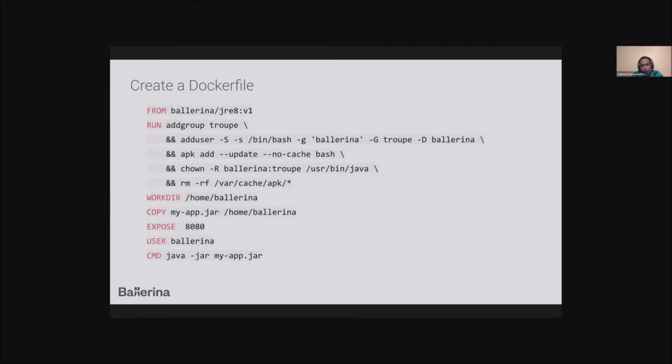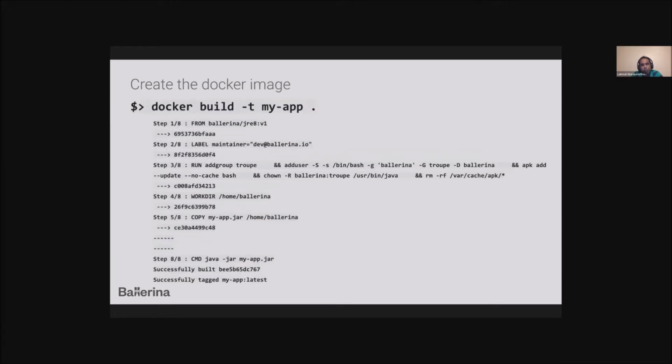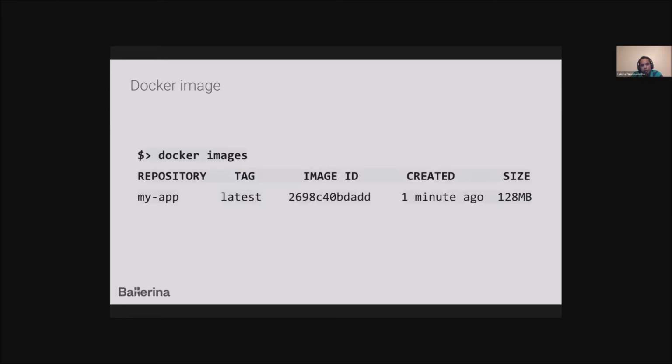In the Dockerfile, you can bundle your application dependencies, and you can do some basic security, like which user mode you want to run, and so on. After you declare this Dockerfile, you can use the Docker toolkit to create a Docker image. Then this image can be run as a container.